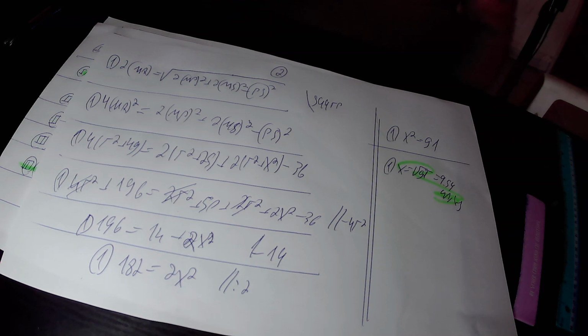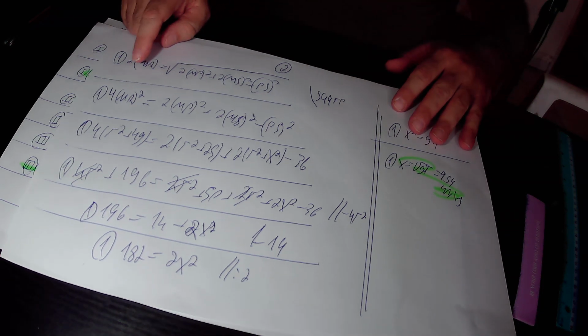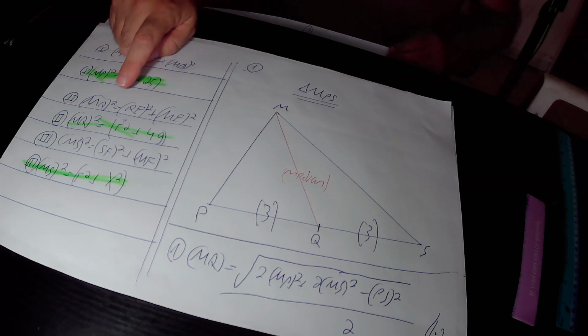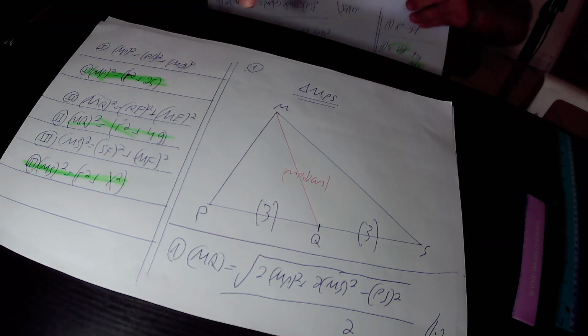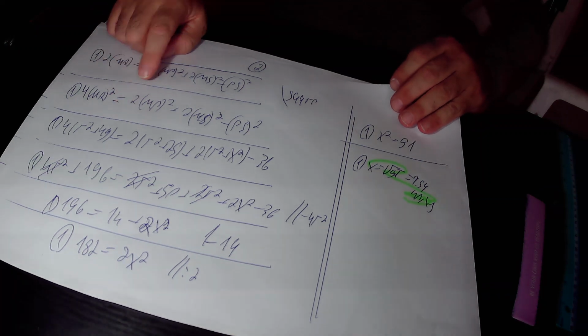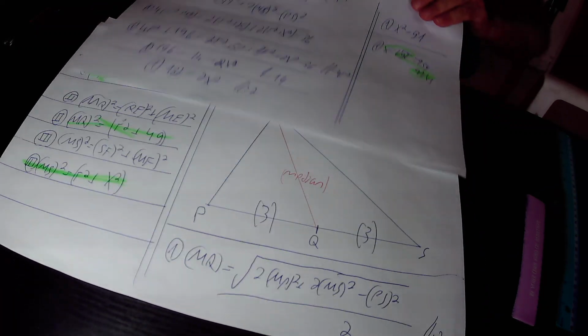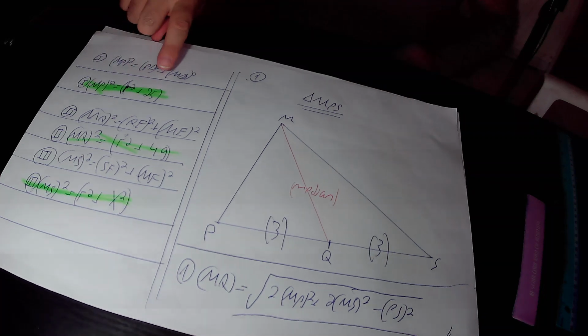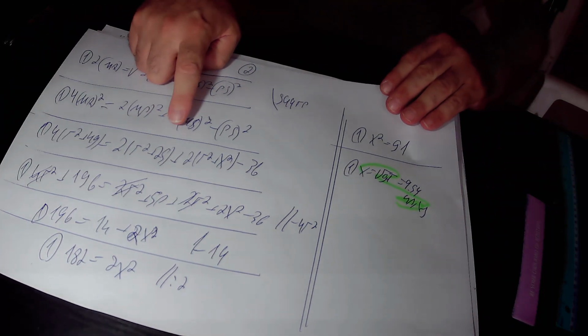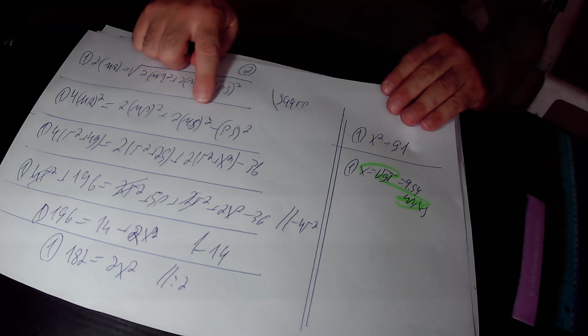Okay, so here we have 4 times MQ squared. But MQ squared is R squared plus 49. Therefore, we substitute MQ squared here by R squared plus 49. And it is equal to 2MP squared. But MP squared, according to equation 1, is R squared plus 25. Therefore, we substitute MP squared here by R squared plus 25. And we have also 2 times MS squared.